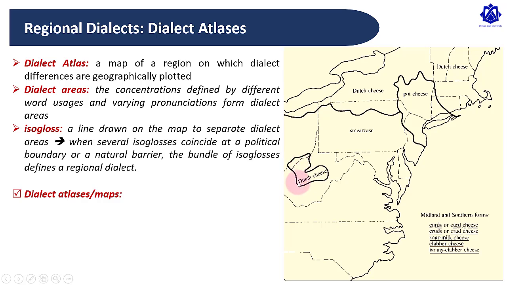And these lines that distinguish one dialect from another dialect, drawn based on dialect differences, are called isoglosses. Isoglosses, therefore, represent dialect differences. And each of these places in which you can see the dialect differences is called a dialect area.